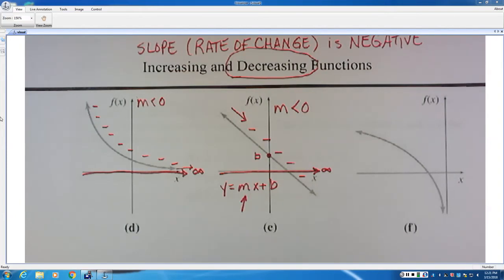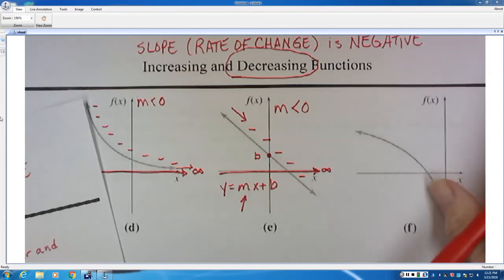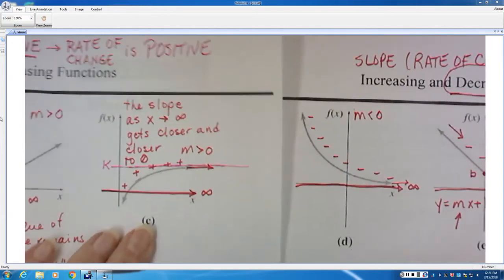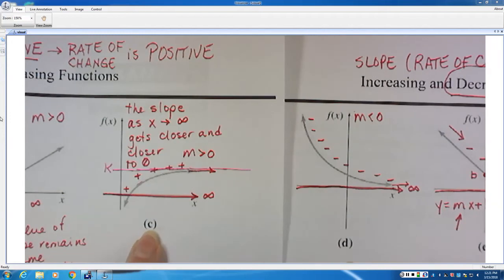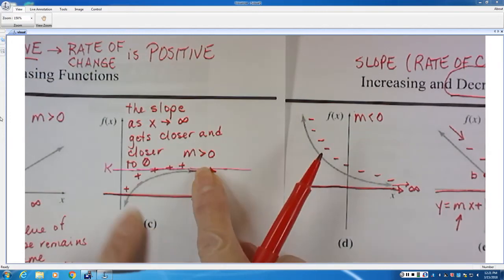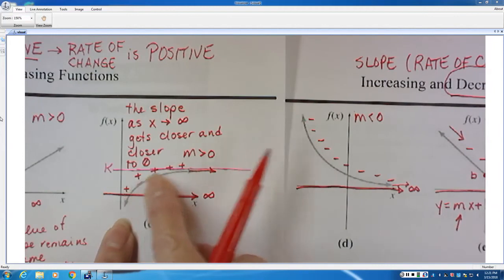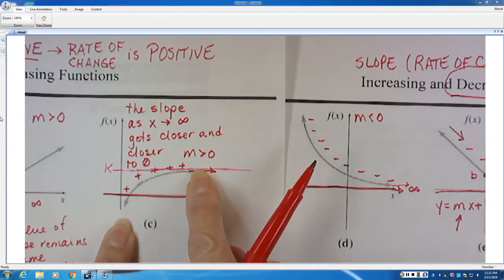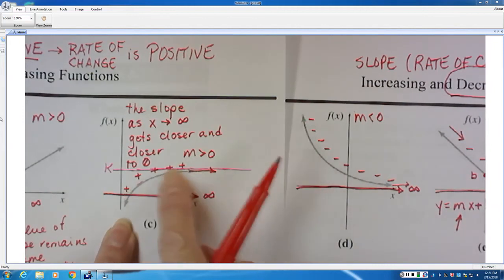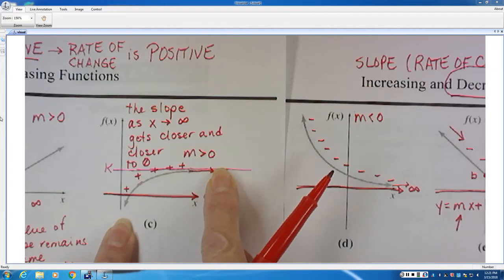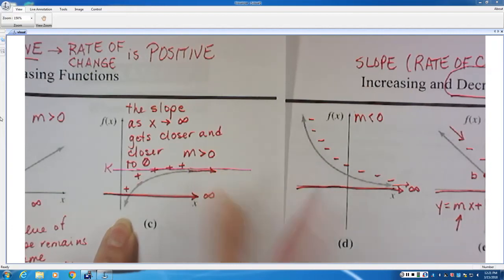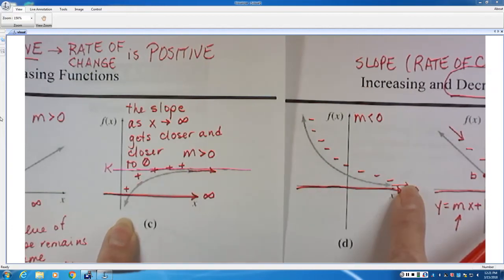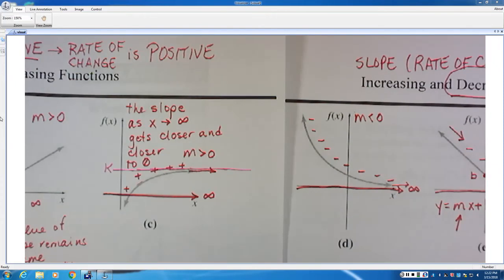So what's happening on graph D is actually similar to what happened on graph C, except that here the function was constantly increasing. It got more and more positive as we went on, but it approached 0, and eventually the slope was going to flatten out. This slope is also going to eventually flatten out, and where it's going to flatten out is when it gets closer to 0.